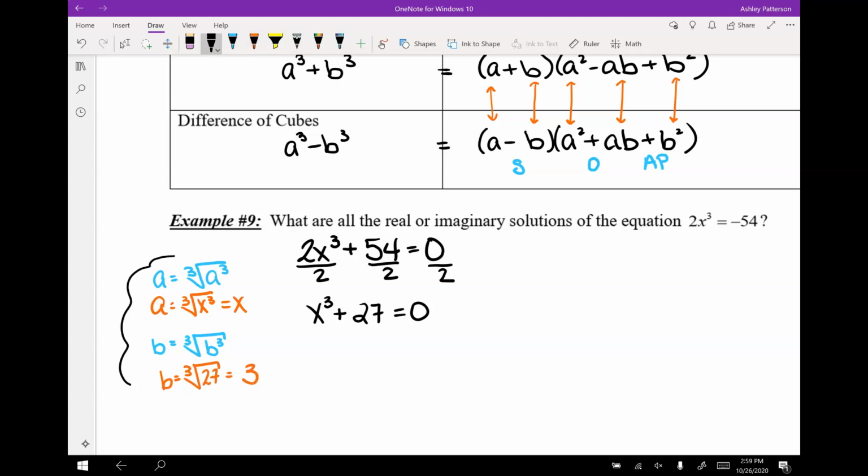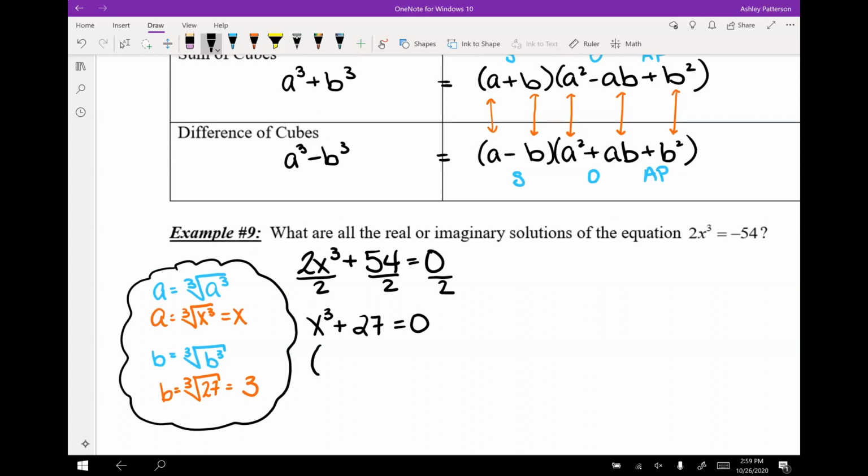In order to find the values that you substitute into the patterns, be it sum or difference of cubes, take the cube root of the first term, that's your a value. Take the cube root of the second term, and that is your b value. So here we go. I remember that it had a binomial and a trinomial.